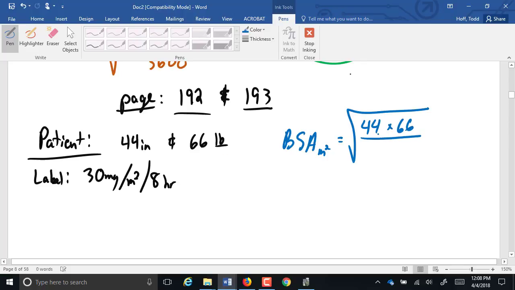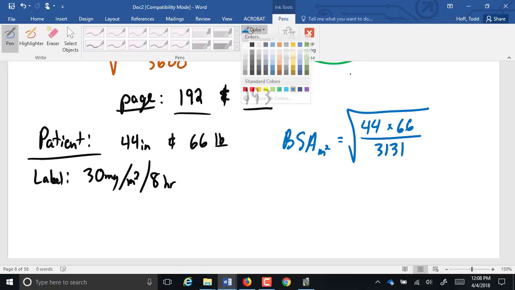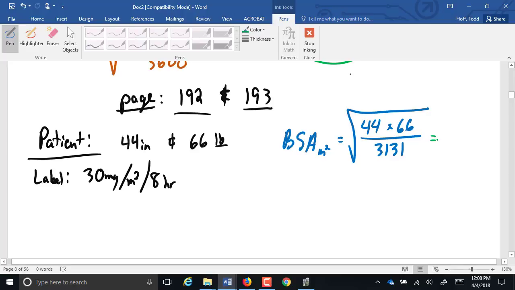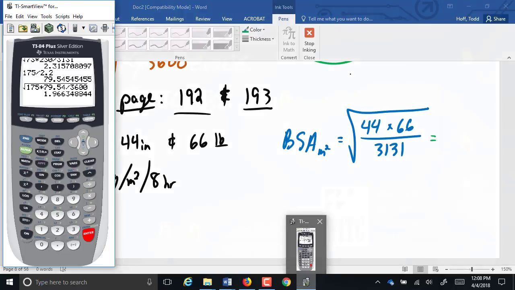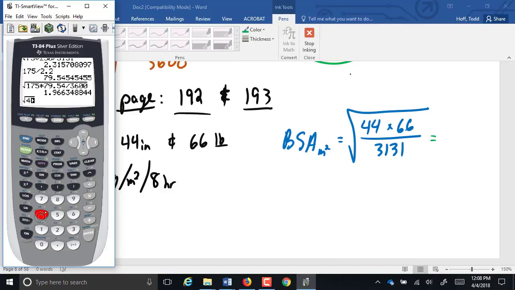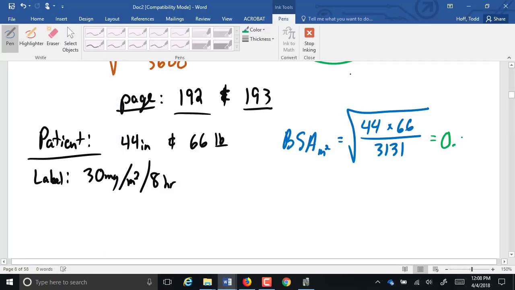Since those are in inches and pounds, our number down here is the 3131. So the square root of 44 times 66 divided by 3131 is .963 meters squared.